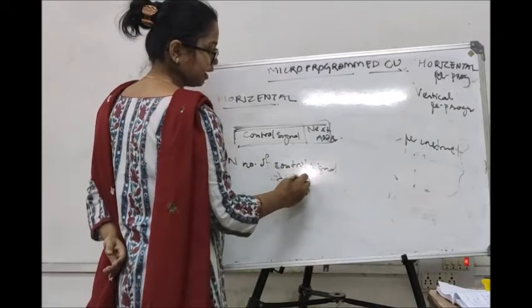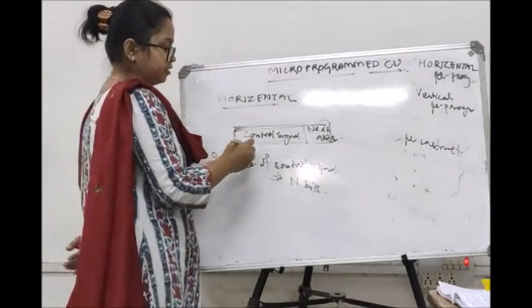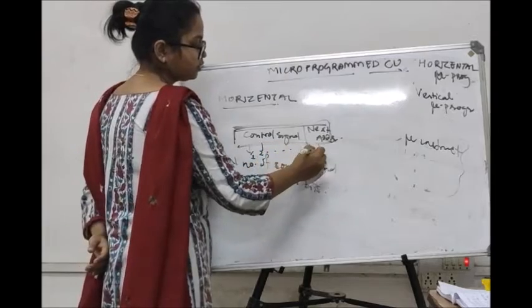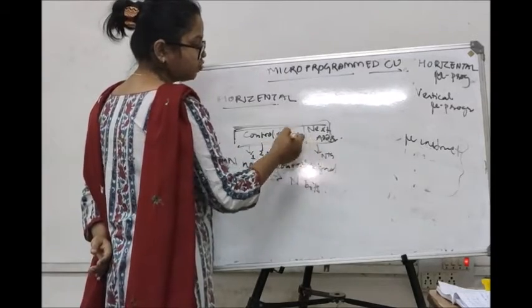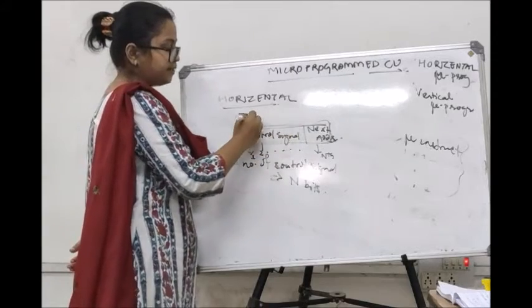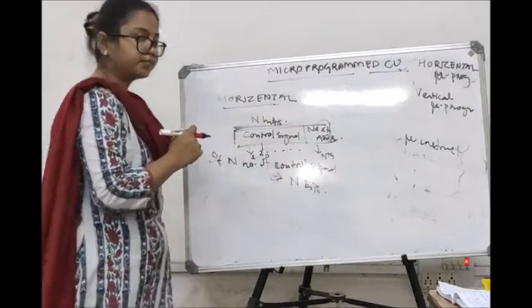So the size is n bits. Suppose this is one control signal, this is two control signals, coming to nth control signal. How much size is required? n bits are required.